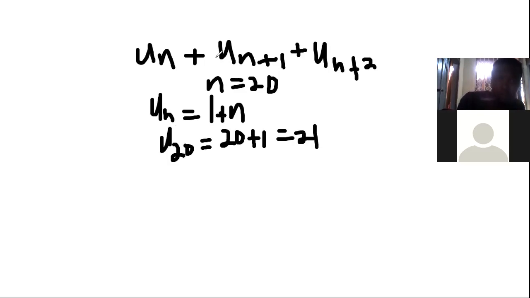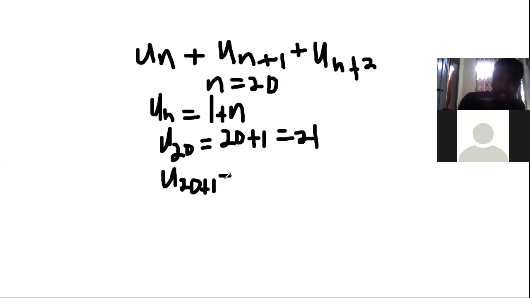We want to add all of this, but before that, we have to find U n separately, come and find U n plus 1, and come and find the other. Now we want to find U n plus 1. So here we get 20 plus 1.